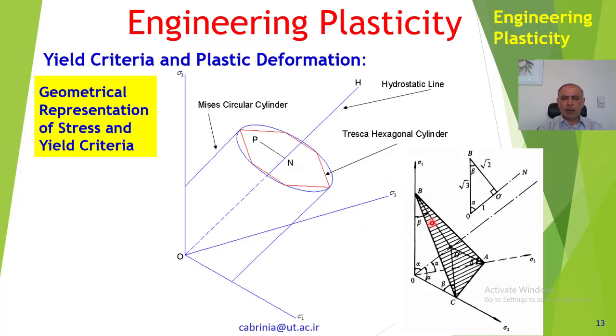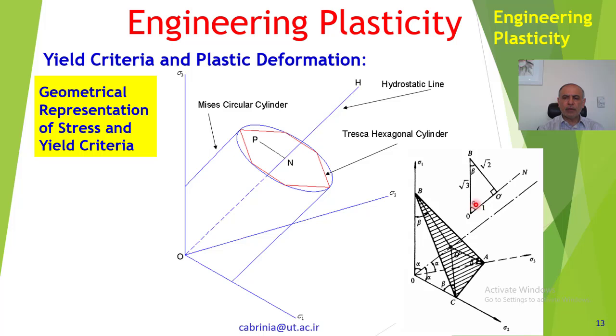So in here we have just shown the scales. If we have a line like that, OB, then O prime is that, and O prime B is on the deviatoric plane, like NP. If we draw that, we will see that if we take this 1, then that is root 2, and this is root 3.